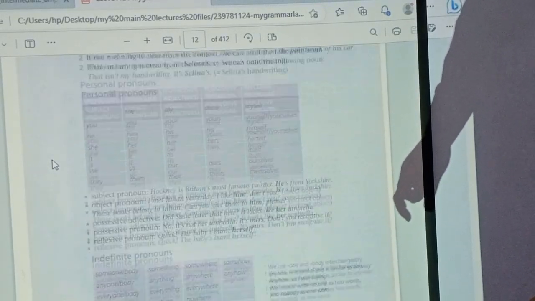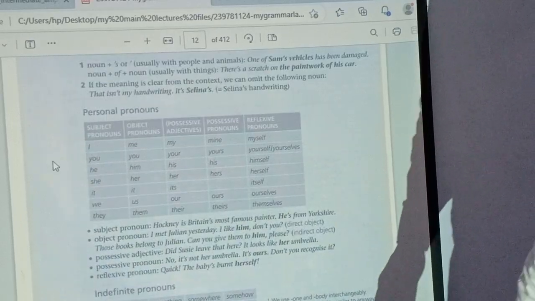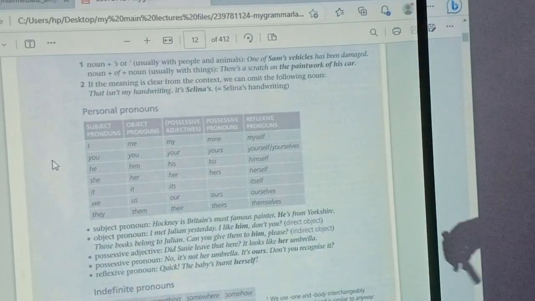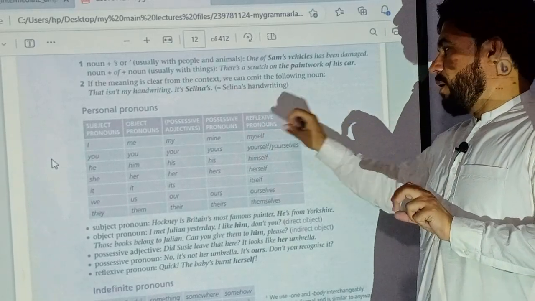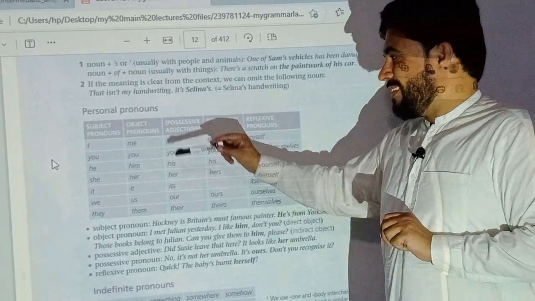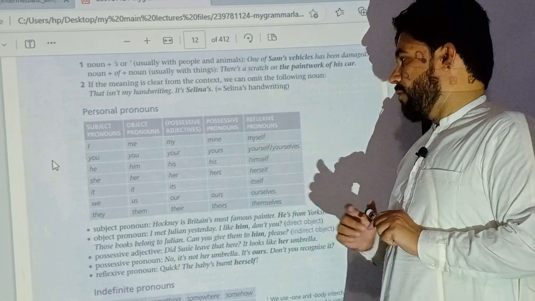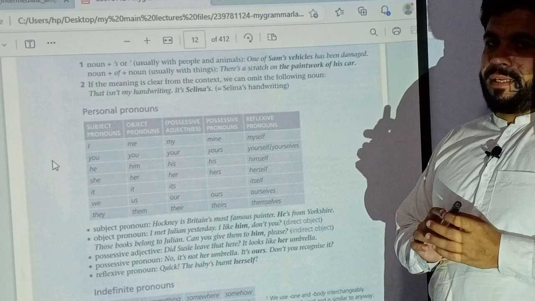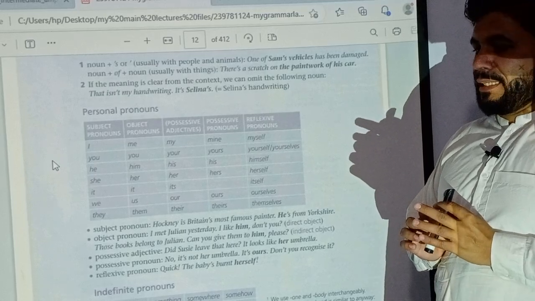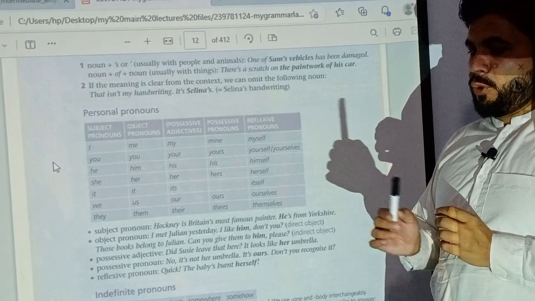All right, so I'm going to talk now about the personal pronouns. You see over here, we have some categories of pronouns. Now, subject pronouns, object pronouns. When we talk about a sentence in English, the sentence predominantly has two parts.